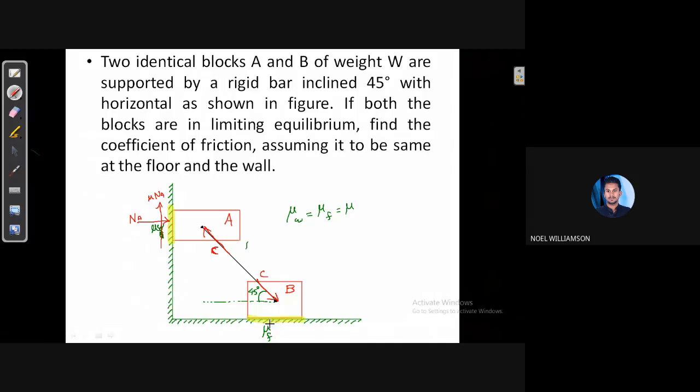Then here you have a rubbing surface. Here the body B is moving in this particular direction. Therefore, the frictional force will be in the opposite direction. And so here there is a normal, let it be NB. And as the body is moving in this particular direction, the friction will be in the opposite direction, the value of which is mu into the normal reaction, that is NB, like this.